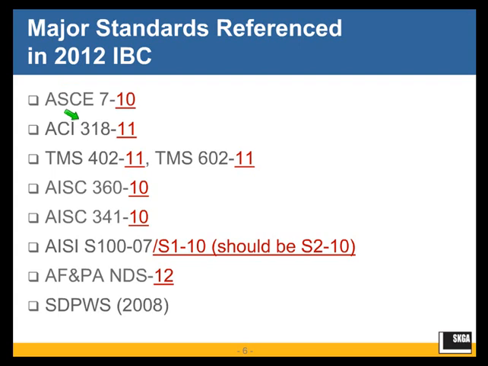Now, at a glance here with the concrete and the masonry, steel, cold form steel, and wood reference standards. You can see that those are updated with the exception here of the special design provisions for wind and seismic reference standard.